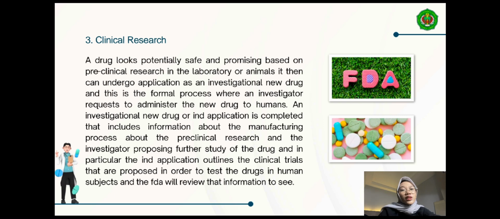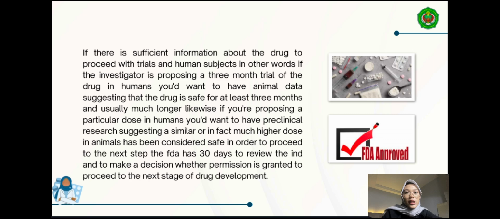In particular, the application outlines the clinical trials that are proposed in order to test the drug in human subjects, and the FDA will review that information to see if there is sufficient information about the drug to proceed with trials in human subjects.